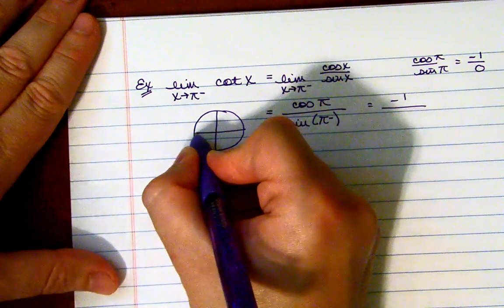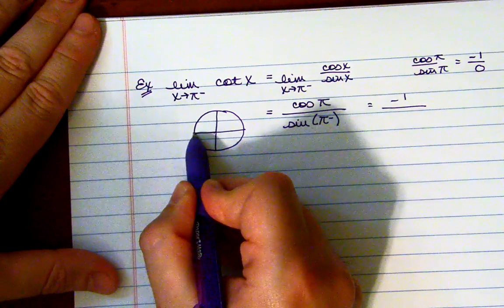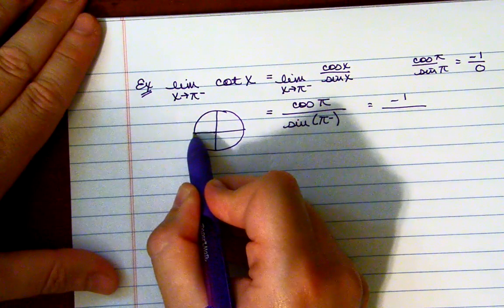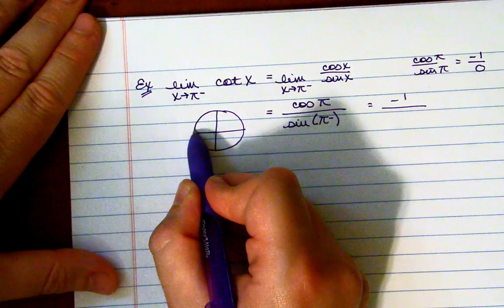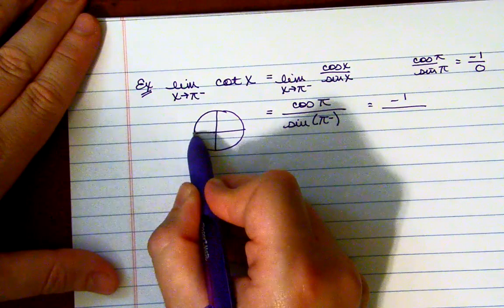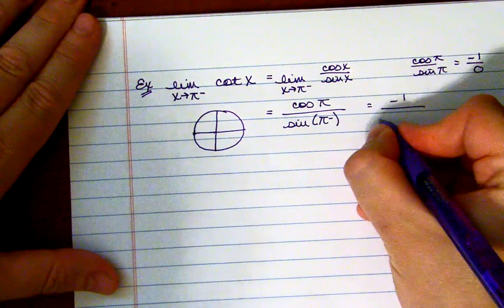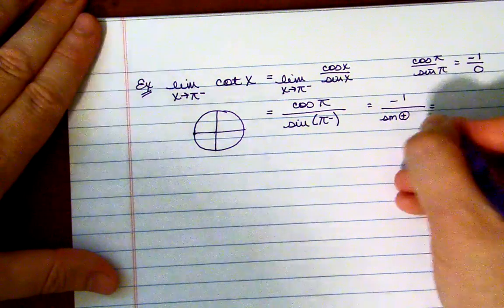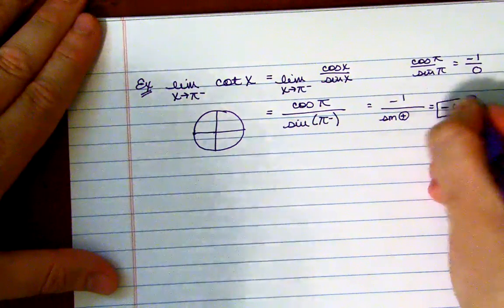Let's see, pi is over here. And I know that the height of something over here would be 0. If you're a little to the left of pi, that means you're going to be a little above the x-axis. You're at a really small height over there. So the sine of something a little to the left of pi is going to be a small positive number. -1 over a small positive is going to give us negative infinity.